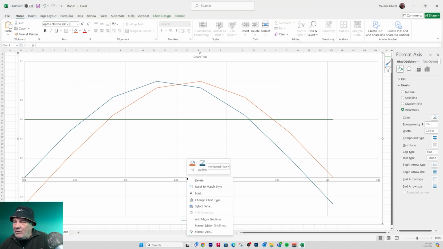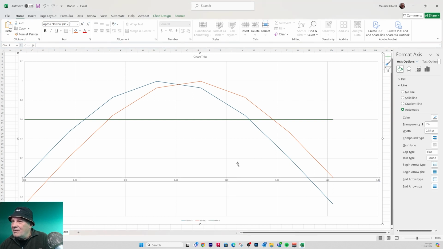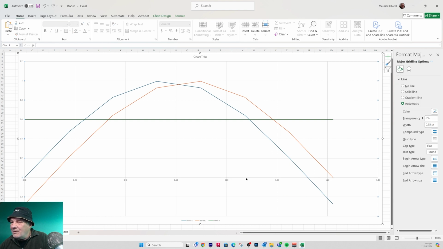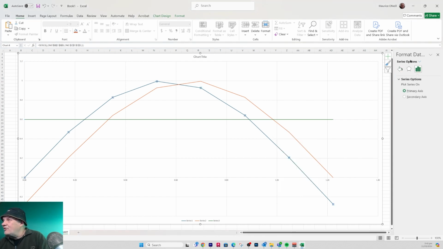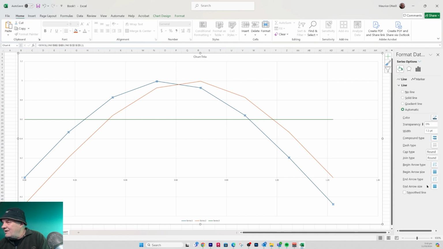So there it is, just that particular little piece that we were interested in. Here's our right click, we need to right click and format the data series, click on the bucket there and smooth the line.